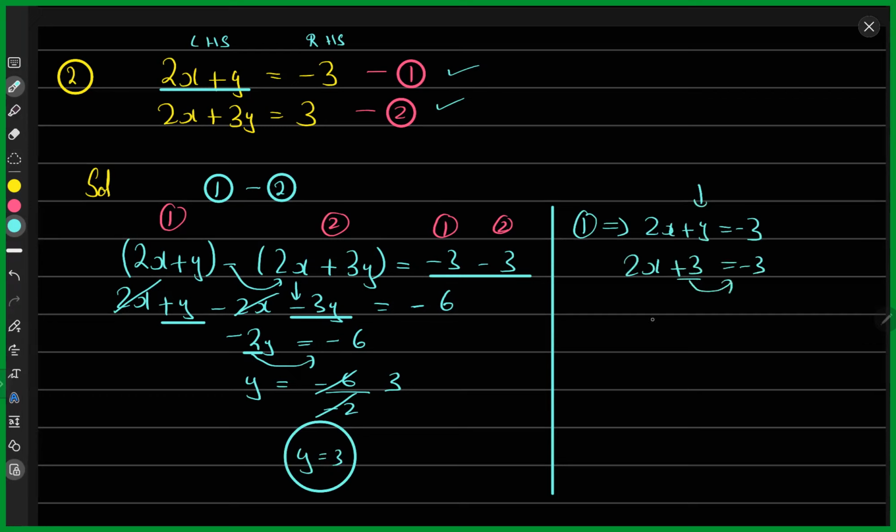This would go to the other side, and 2x is going to be minus 6 and x is going to be minus 3. So this way I got x equals minus 3 and I got y equals 3. And this is going to be the answer.